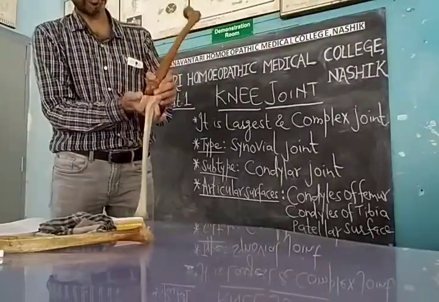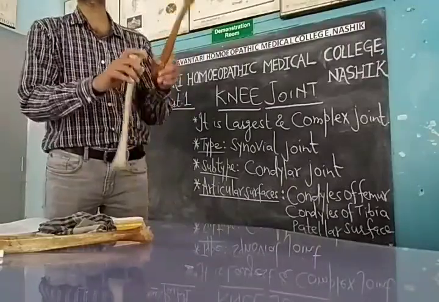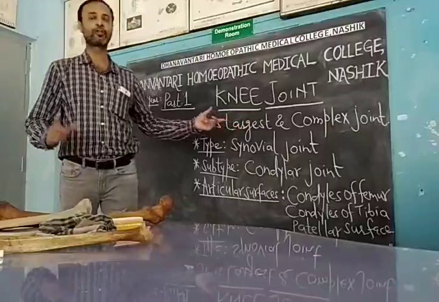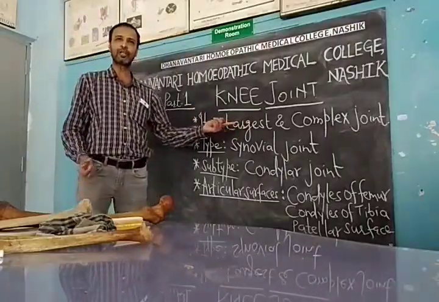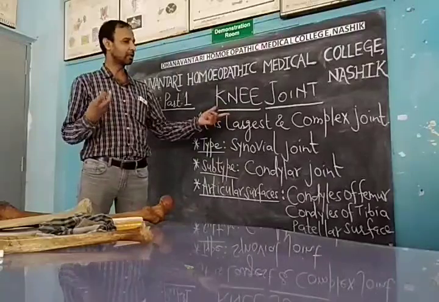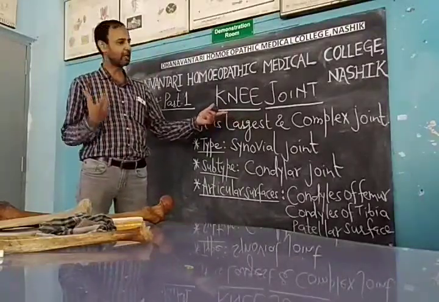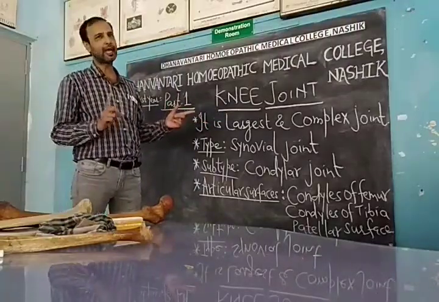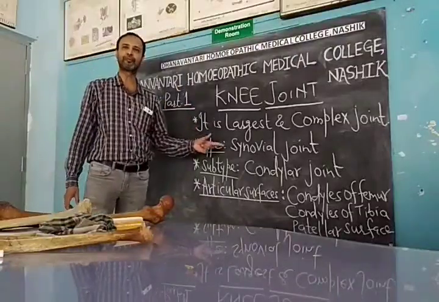In front the patella is present, so the femoropatellar joint. So the first part is clear: the knee joint is the largest and complex joint, complex because of the fusion of three joints: the medial femorotibial, lateral femorotibial, and femoropatellar joints.